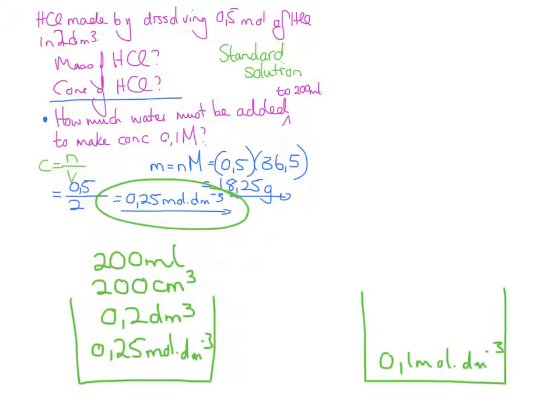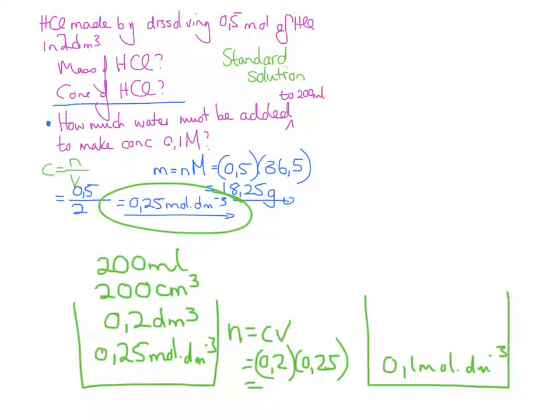So we take all of these moles, number of moles is equal to concentration times volume, 0.2 times 0.25, and we get 0.05 moles.